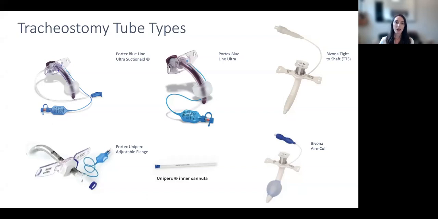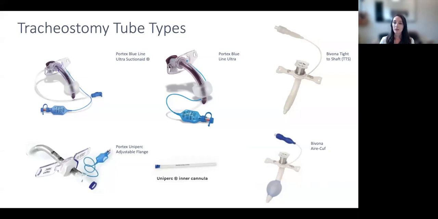It also does allow for above cuff voicing to be used, whereby medical air is gradually introduced to the above cuff area, to the larynx and vocal folds via the suction aid line, allowing a flow of air to produce voice. So the cuff can remain inflated for this type of speech.